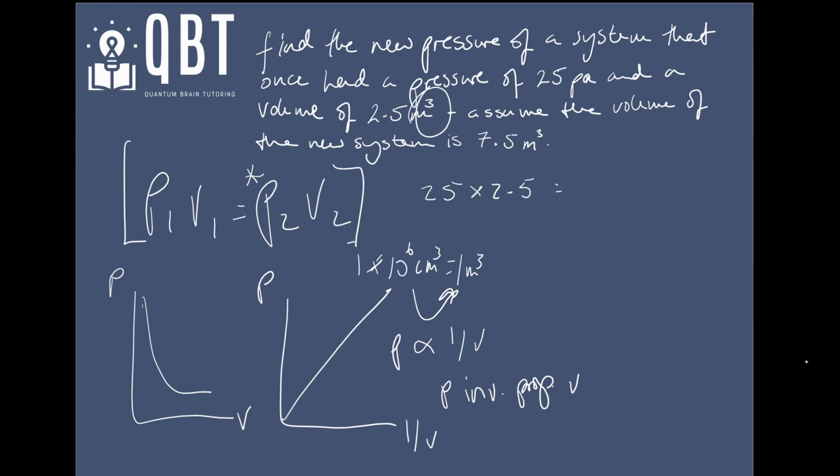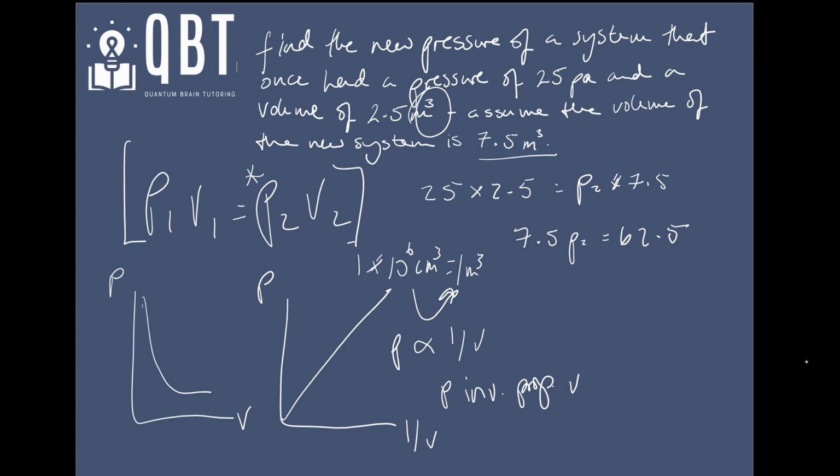And that is equal to P2 multiplied by V2, which we know is going to be 7.5. Okay, so we can say that 7.5 P2 is equal to 25 times 2.5, which we know if we plug into our calculator is 62.5.